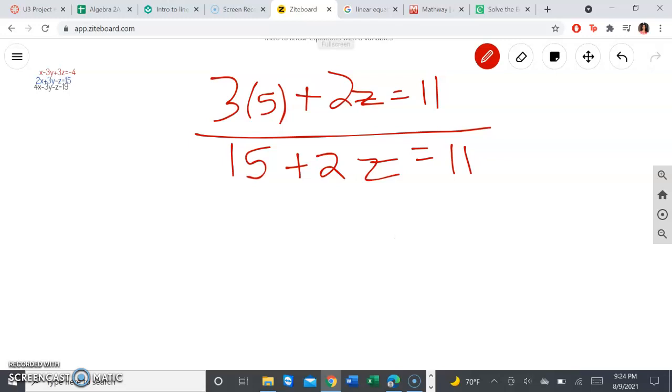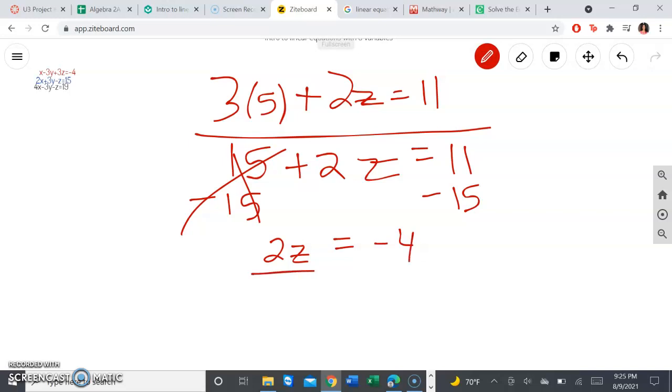I'm going to let 2z be by itself on the left side, so I'm going to subtract the 15 from 11, and this should be 2z equals negative 4, and then to get z by itself, we're going to divide by 2, that cancels, and z will equal negative 4 divided by 2, and that will give us negative 2.